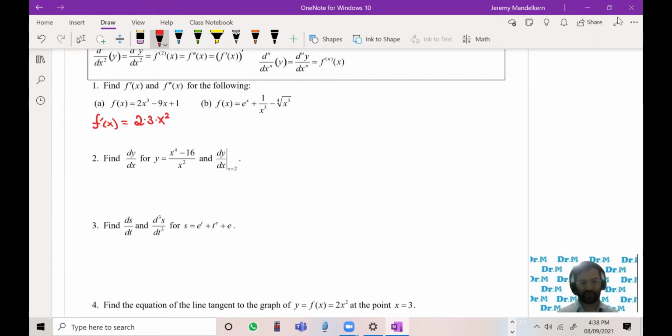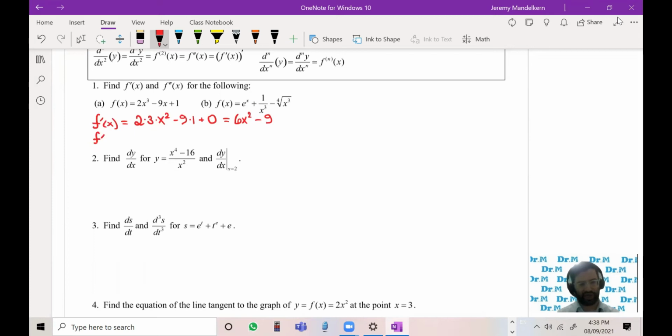For the next term, we can pull the -9 to the front, and that's -9 times just 1. And the derivative of the constant term is 0. We can simplify this, and we find that f prime is going to be 6x squared minus 9.